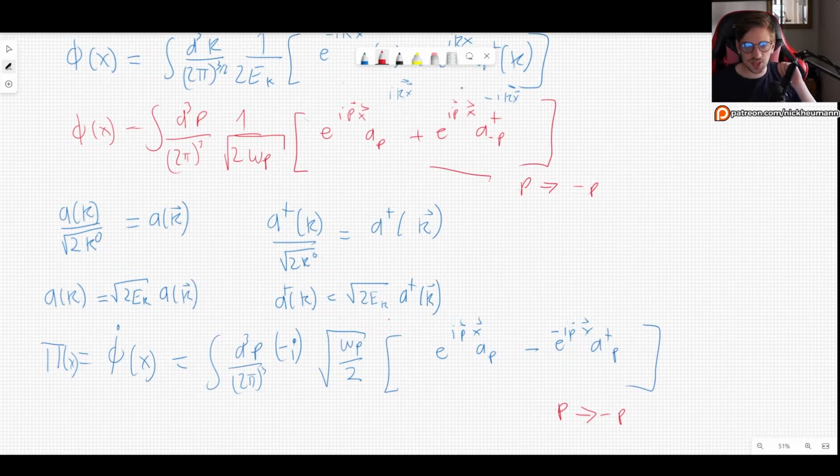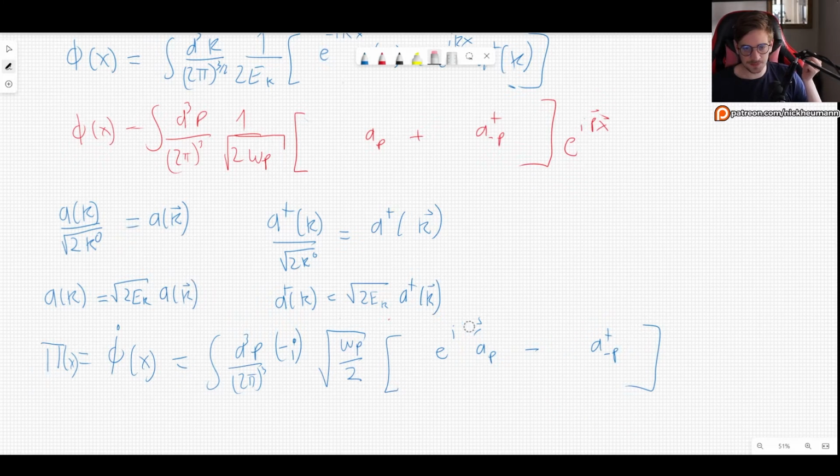So we change that, and we also change this, p to minus p. The whole purpose of doing that is that now we can factor out the exponent. So we can write e to the ipx out there, and you can see the expression is a little bit simpler. Same here, we can just factor out e to the ipx.